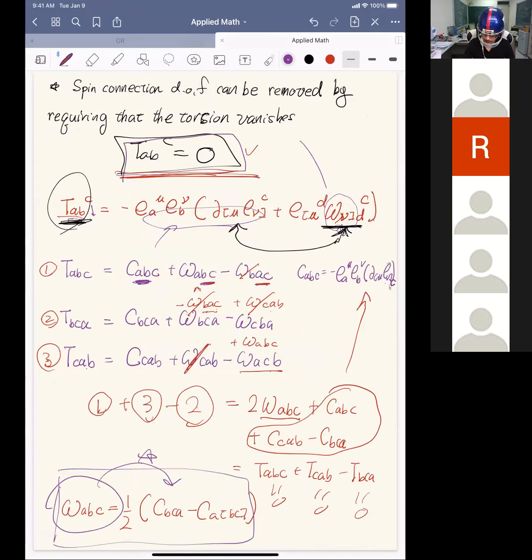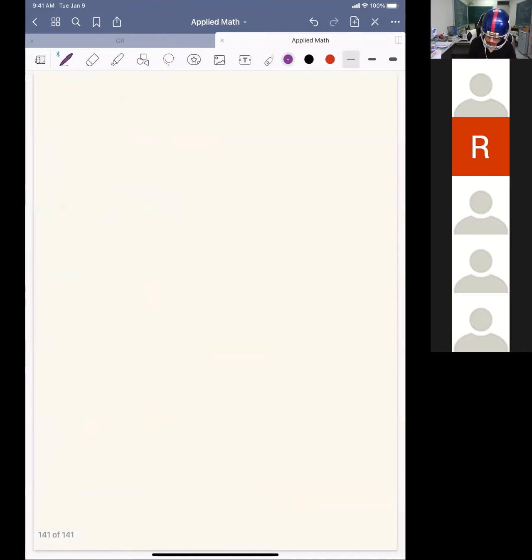Good, so we're almost there. The end goal is to write down the Lagrangian and then derive the Einstein equation from it. Now we're able to express the spin connection in terms of the Vierbein as well as the torsion.